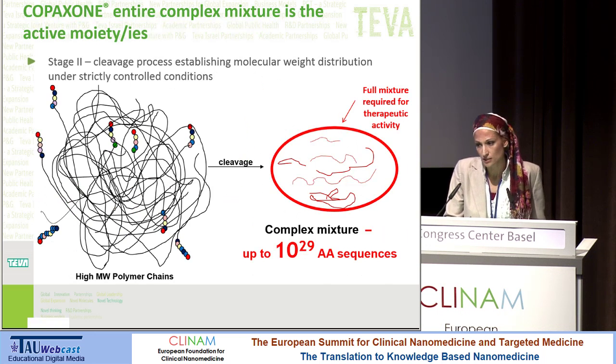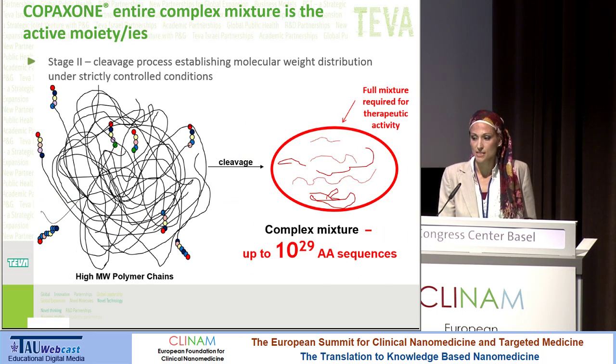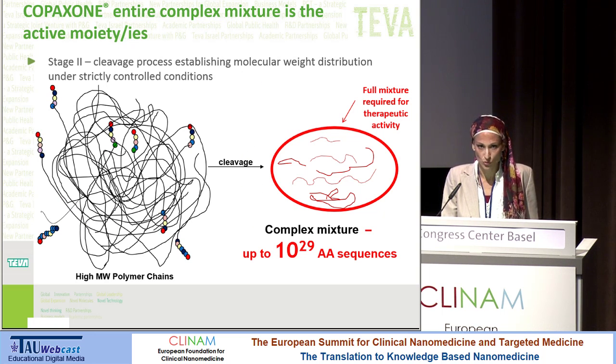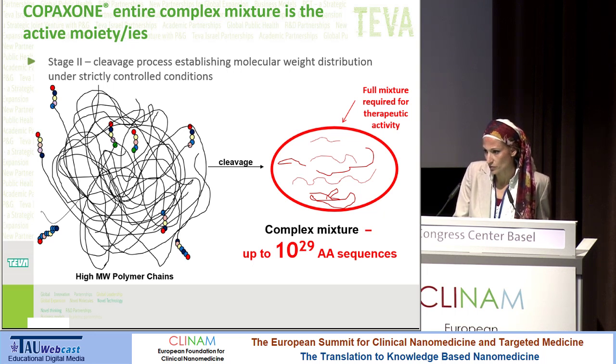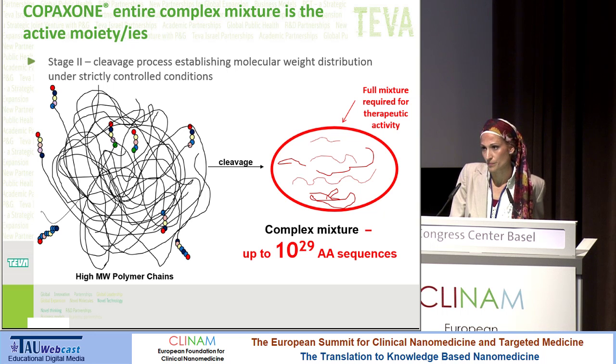Now, the second stage takes this high molecular weight polymer and cleaves it into shorter fragments of up to about 300 amino acids per fragment at different sequences. And so, combinatorically speaking, this yields up to 10 to the power 29 different variants, different sequences in the mixture.